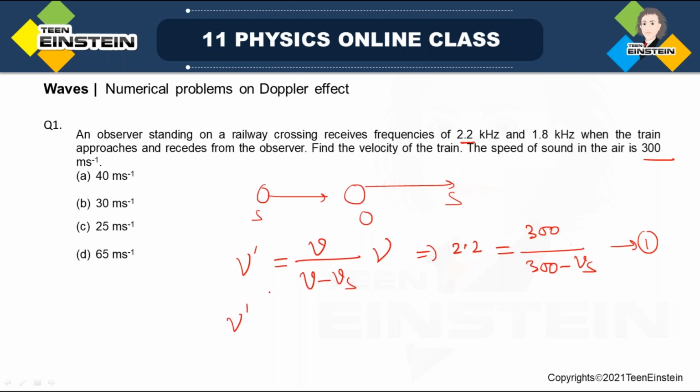Now when it is receding, then V divided by V plus Vs, times nu. Nu is not given anyway.